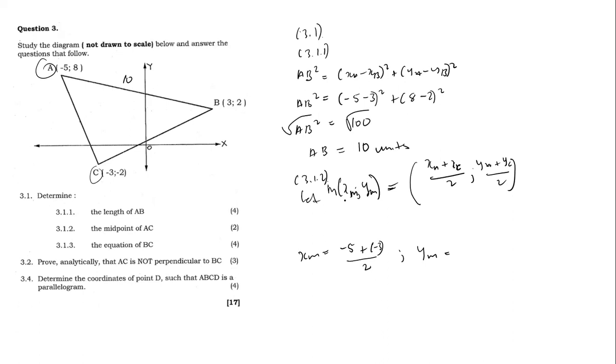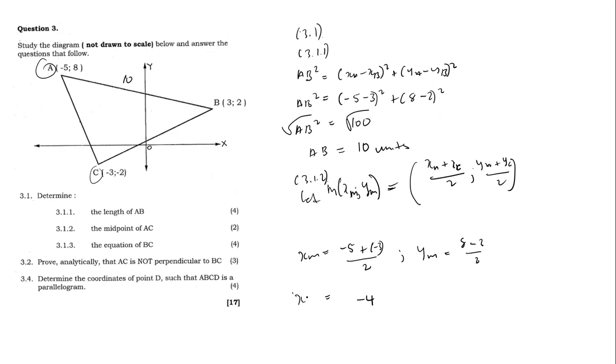Remember we let M to be this. Y of A is +8, and then y of C is -2. Positive by negative is -2, divided by 2. And therefore 5 plus 3 in this case is going to be negative how much? It's going to be -8 divided by 2, you're going to have -4.